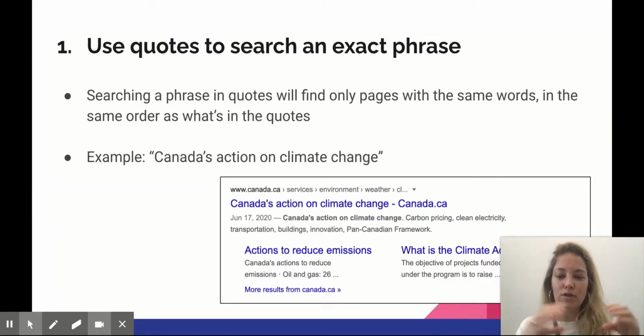It won't separate it, and I found the exact article that I was looking for. If you don't include those quotations, it'll break it up into pieces, and it might just look for climate change, or just Canada's action, but not all together. So those quotations act as glue.